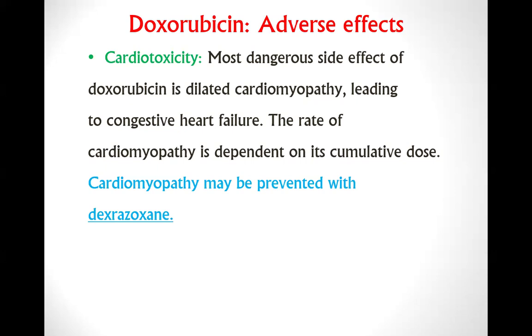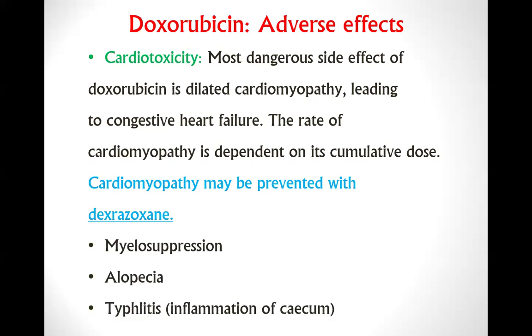Folinic acid, leucovorin. I asked the question in the exam also. Here in this case, it is dexamethasone, which can prevent the cardiotoxicity caused by doxorubicin, along with myelosuppression, alopecia, typhlitis.